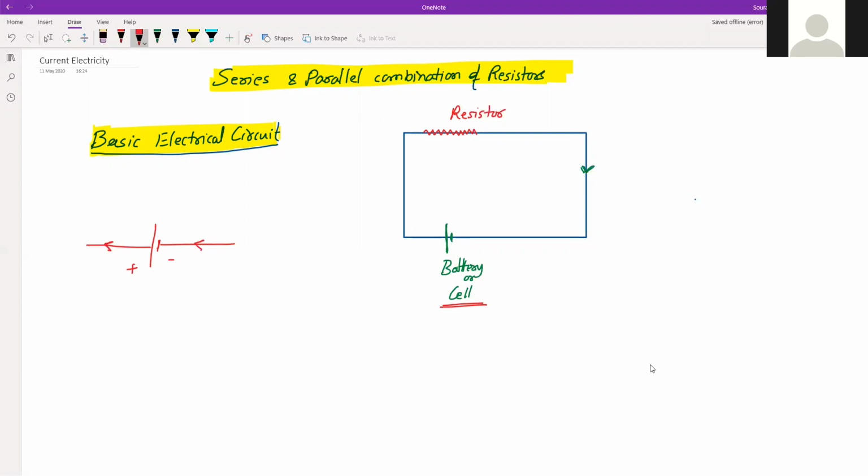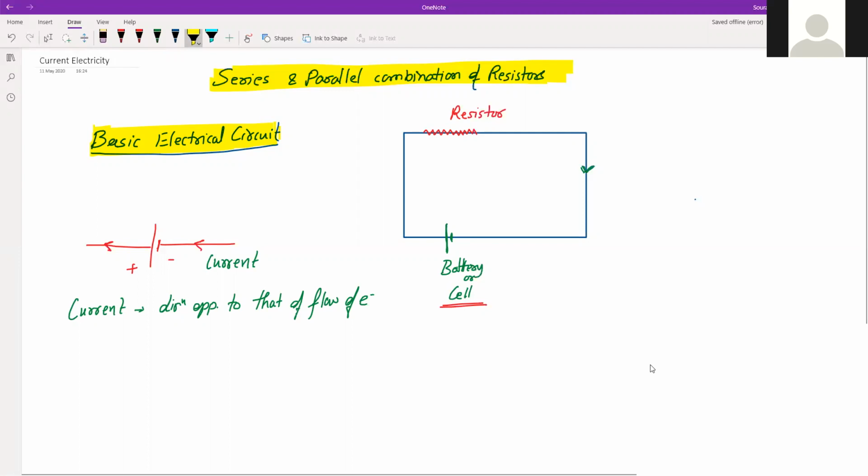What exactly is current? This arrow shows the direction of current. Now what exactly is current? Current is nothing but the direction opposite to that of the flow of electrons, right?